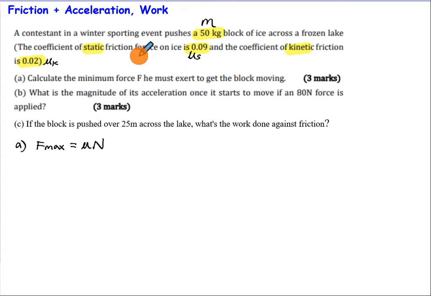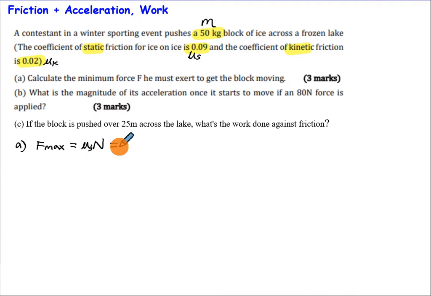So which mu should we be using? We need to use the static one because it's the force that you need to conquer the static friction, the friction that stops the block from moving. So I will have to put mu s in here.